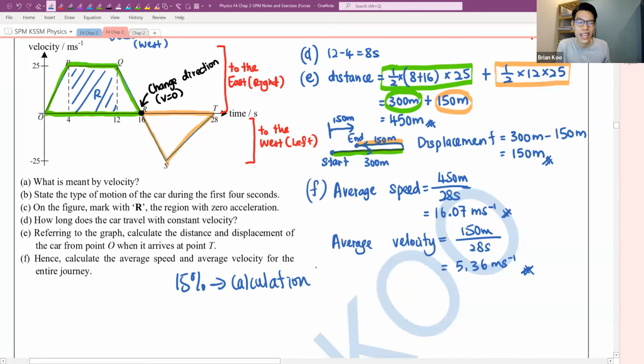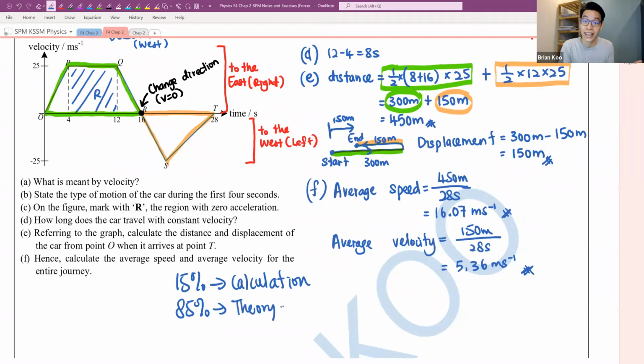Sometimes less, sometimes slightly more, but around 15% only. The rest is all theory. That means you need to explain, write in words. That's why physics is a subject of understanding what is going on. Knowing how to do the calculation is important because that helps you to understand. But don't think all the questions are going to be calculation. That's not how physics is.